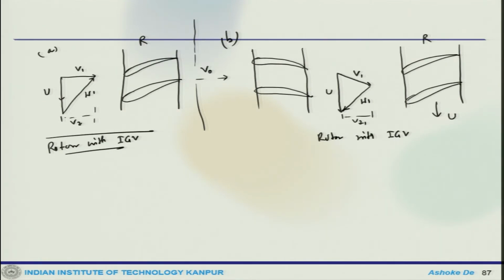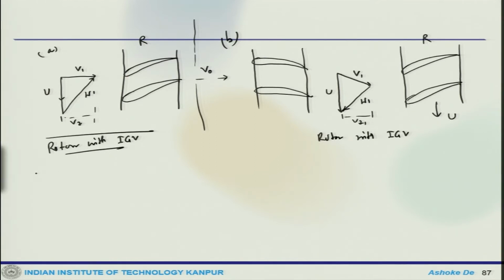So, with the presence of inlet guide vane, you can actually increase the blade speed, but at the same time the tip Mach number can be kept within the acceptable limit. If we also add a swirl component to this V1, then this reduces the relative speed W1. Now, one has to note that the passages of the inlet guide vanes are nozzles to increase the absolute speed V1, which is greater than V0, thus keeping a constant axial velocity Vz.